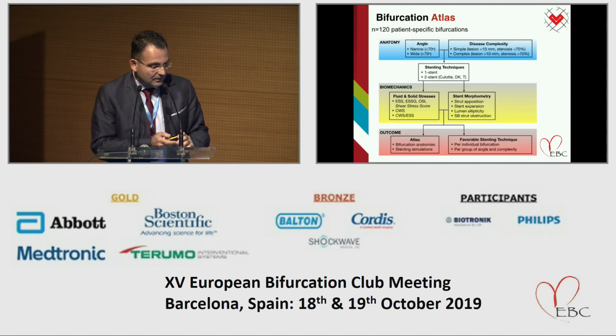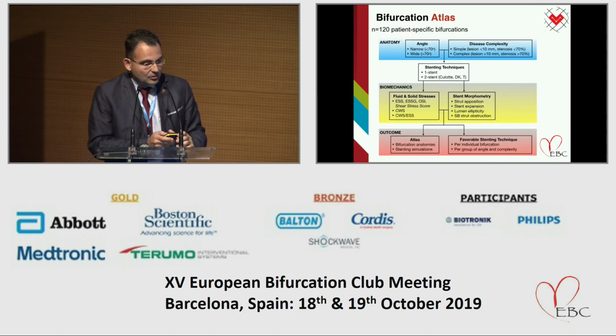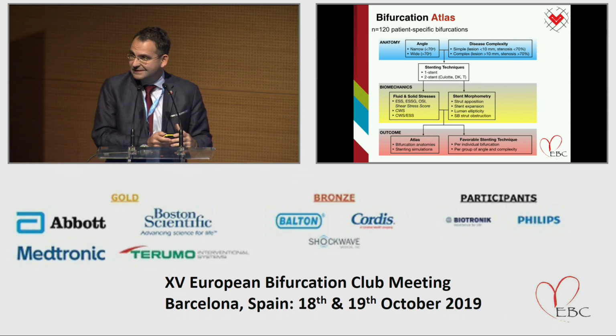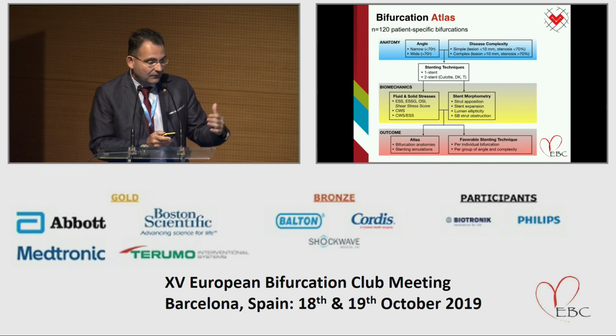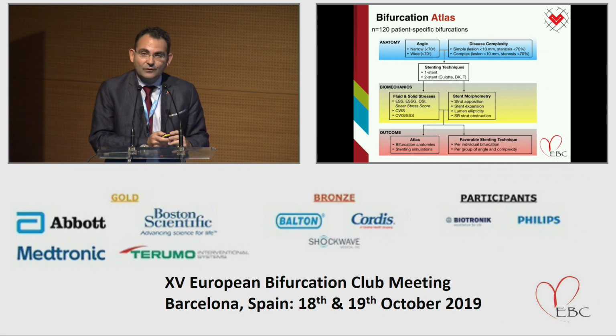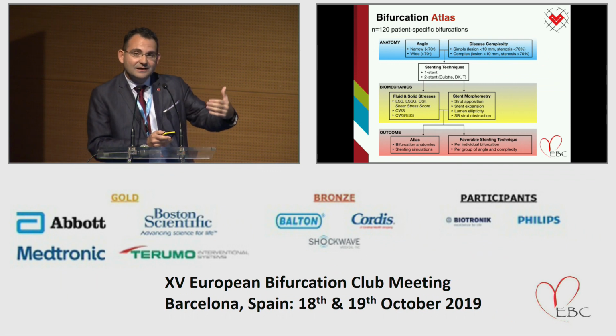I'll show you here what I mean by that. So we have 120 patients. Each of those bifurcations is stented computationally with 4 different techniques: DK-Culotte, T, TAP, Culotte, and provisional, of course. And then we use as endpoints biomechanics and stent morphometry. And we know that those endpoints are surrogates of clinical outcomes.